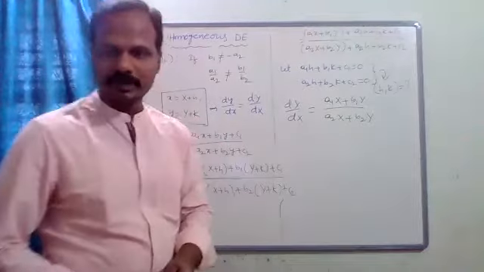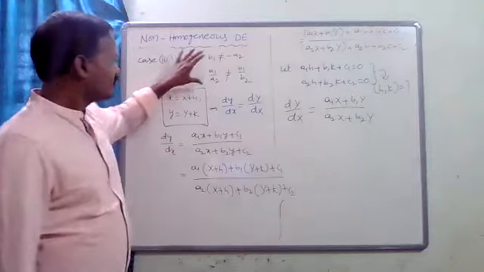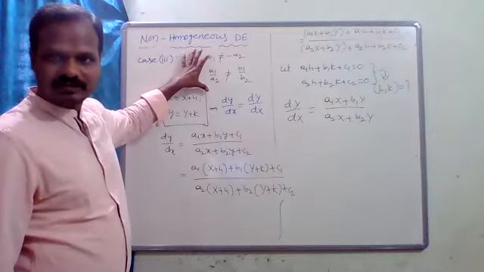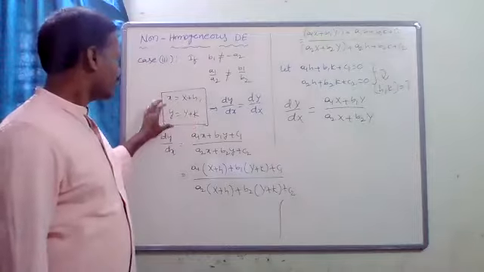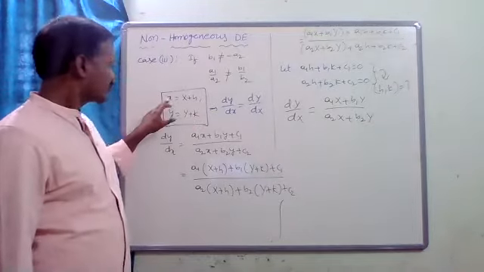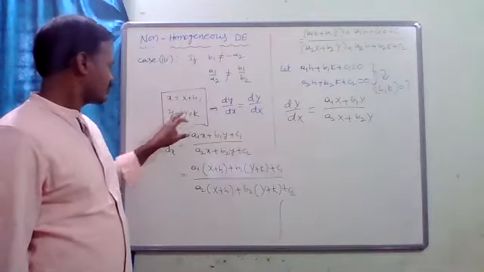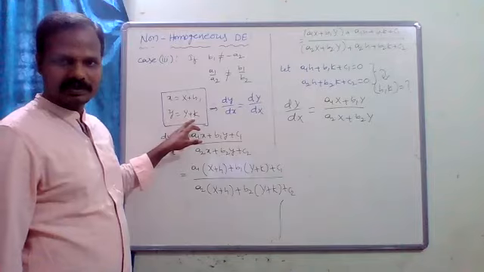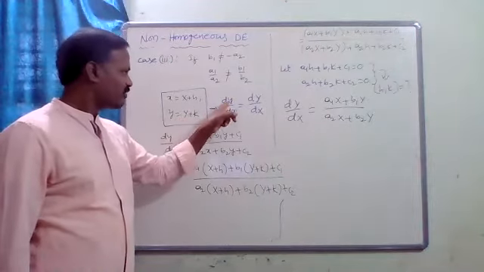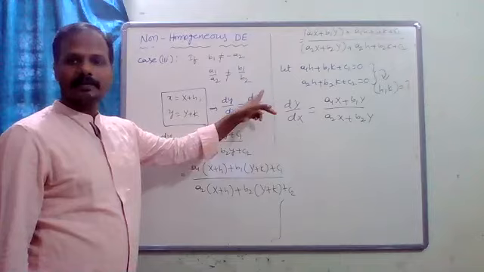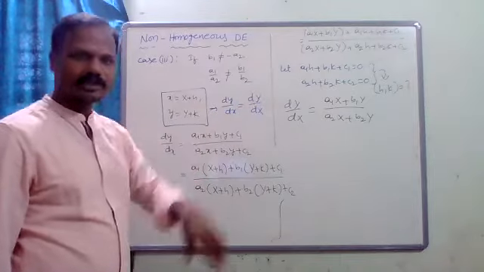Clear? So I will explain once more. If the first case and second case fail, then you have to consider small x equal to capital X plus h, small y equal to capital Y plus k. From these two relations, dy by dx equals dY by dX.